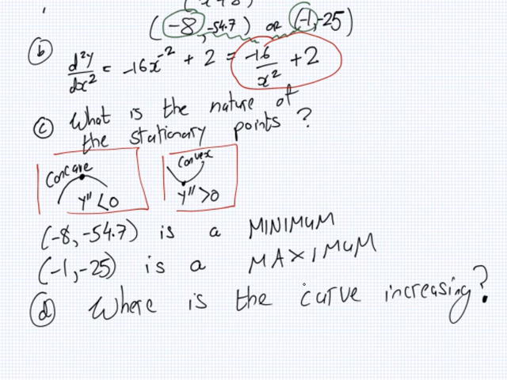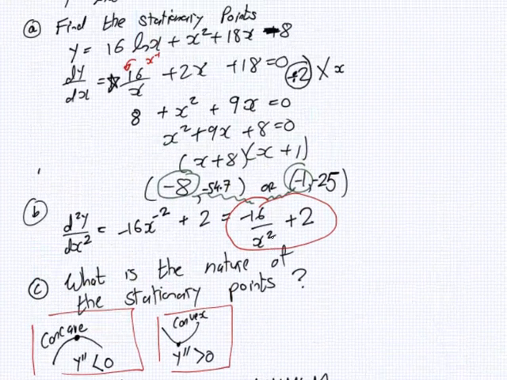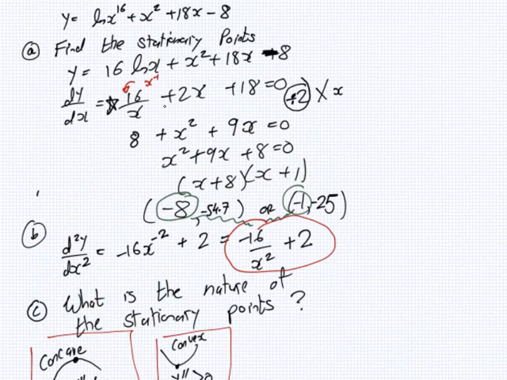Something else. Which derivative? First or second? No, first. If I want to know where it's increasing, in other words, where this is positive, then I know it's increasing. That basically means you need to solve when this here is positive.